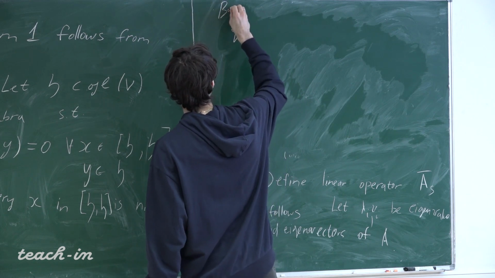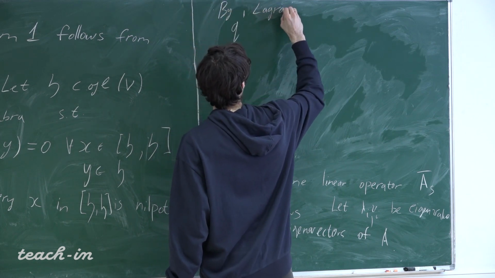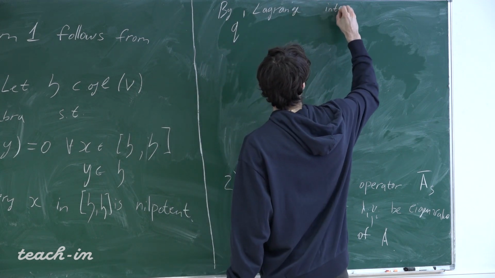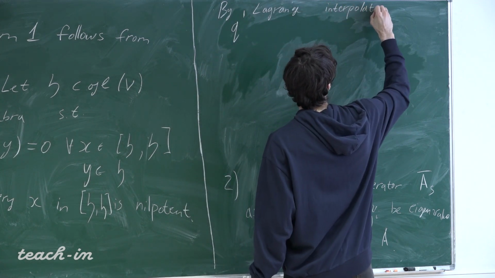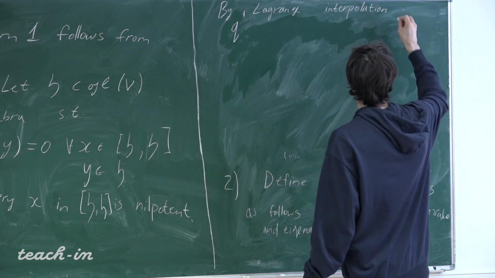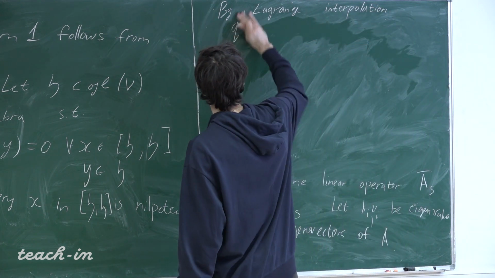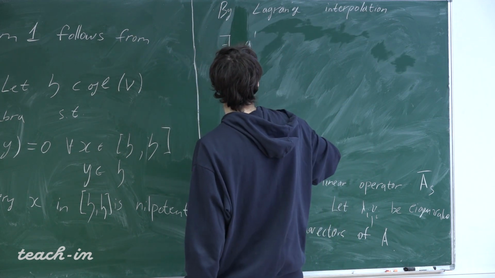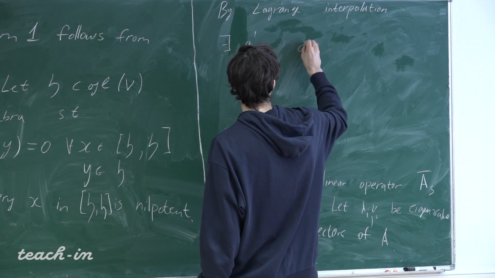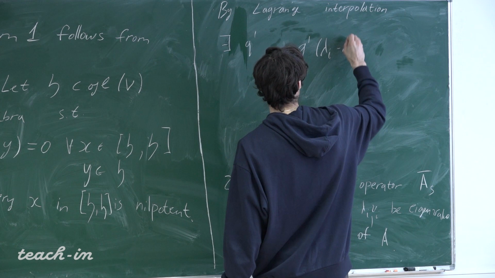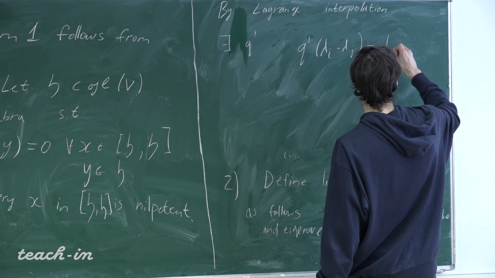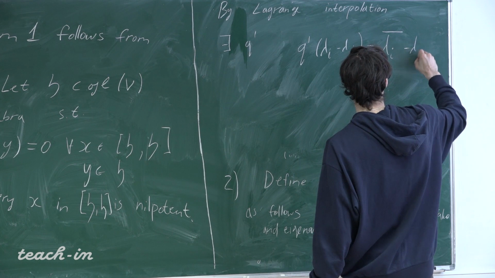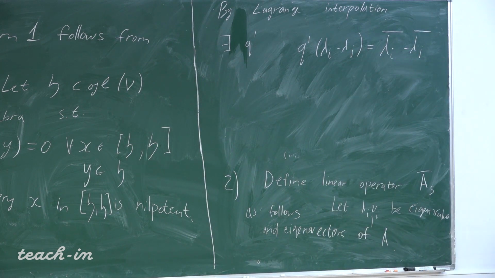By Lagrange interpolation, there exists a polynomial Q prime which sends lambda i minus lambda j to the conjugate of that. Well, it's just Lagrange interpolation.